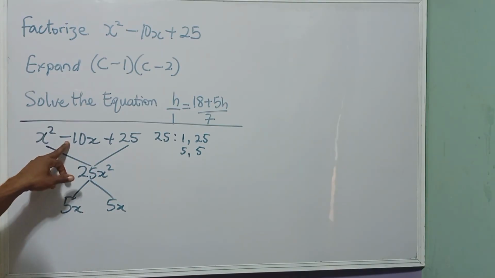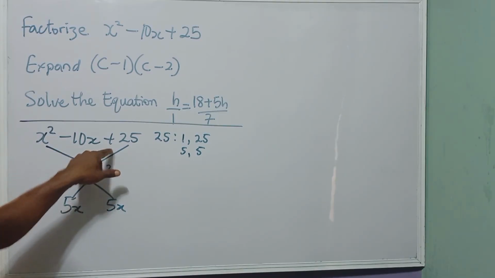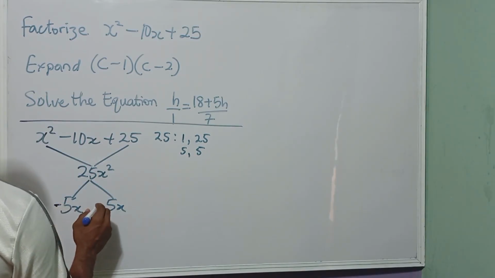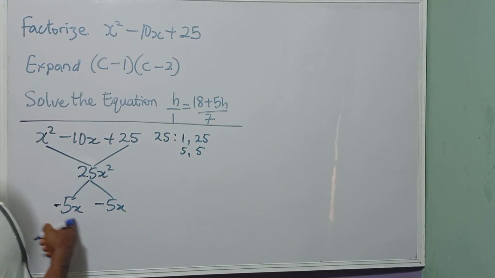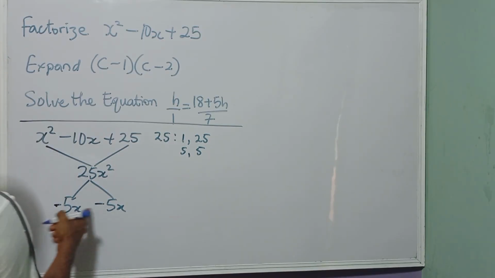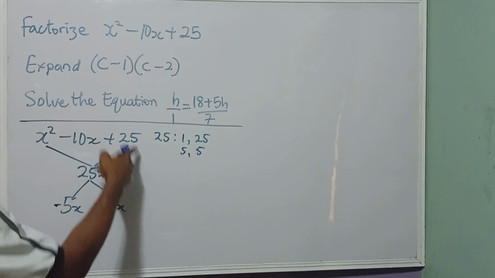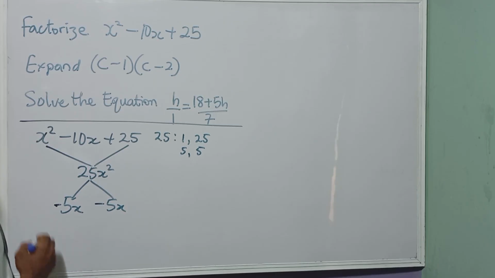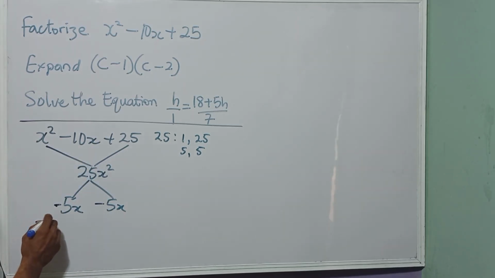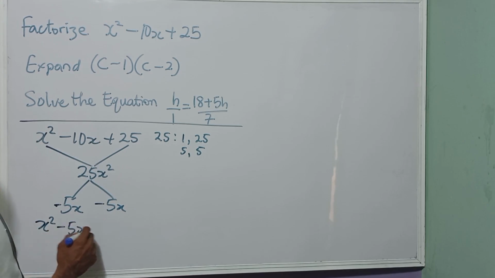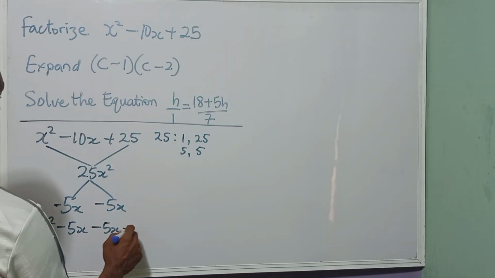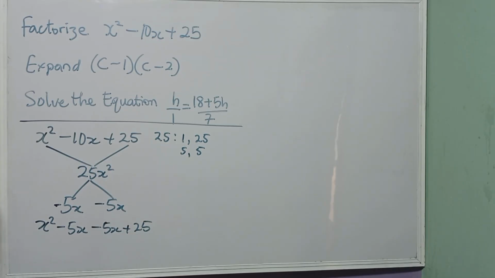But now we have a negative 10 and a positive 25. So for us to have a negative 10, we will do minus 5 and minus 5. Minus 5x minus 5x will give us minus 10. Minus times minus gives us plus. So this satisfies our equation. Substituting, we have x squared minus 5x minus 5x plus 25.